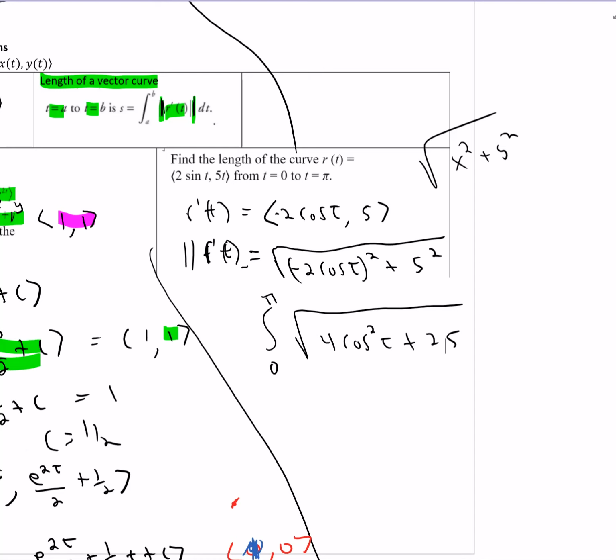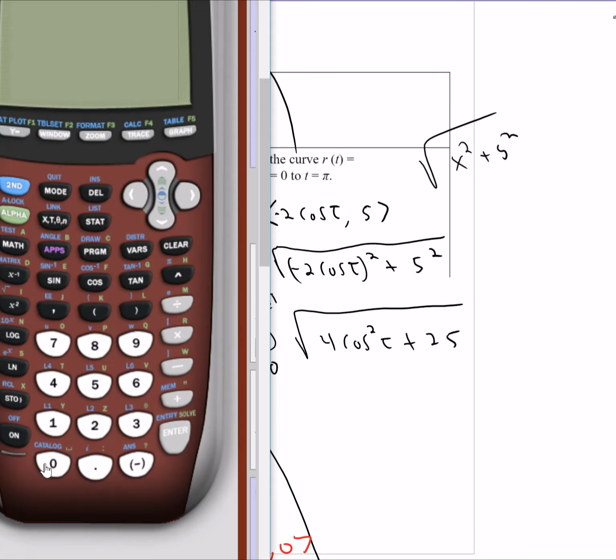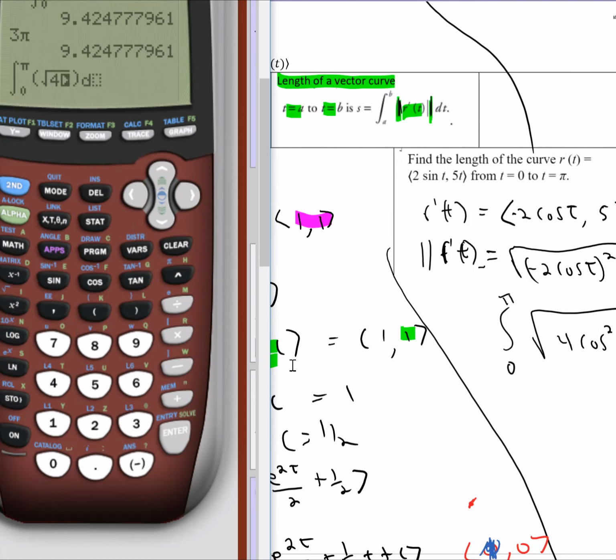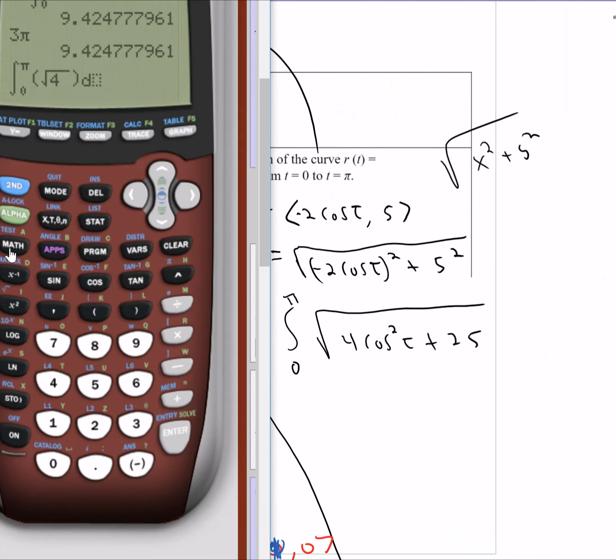So let's put it on a graphing calculator. We're going from 0 to pi. We're taking the square root for, we've got to change our mode, yeah.